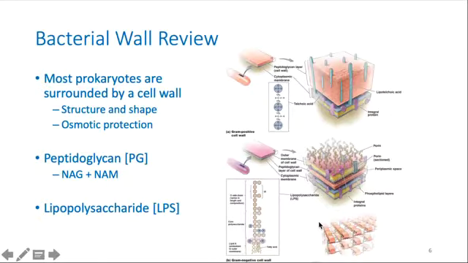The cell wall composition is also another important characteristic. There are some microorganisms that do not have cell walls. There are others that do have cell walls, but their cell walls don't have peptidoglycan or PG. Those that are gram-negative, for instance, would have a lot of lipopolysaccharides in the outer cell membrane, which is absent in gram-positive.